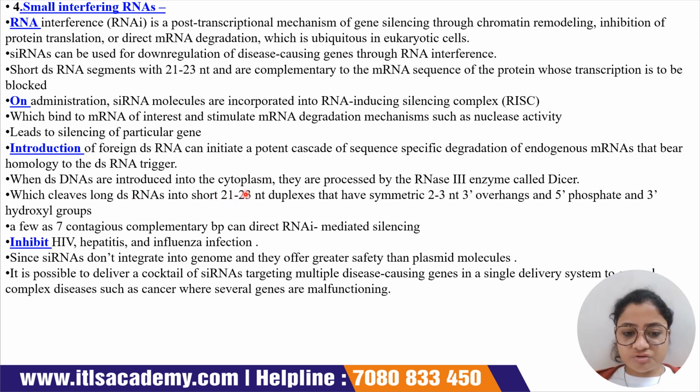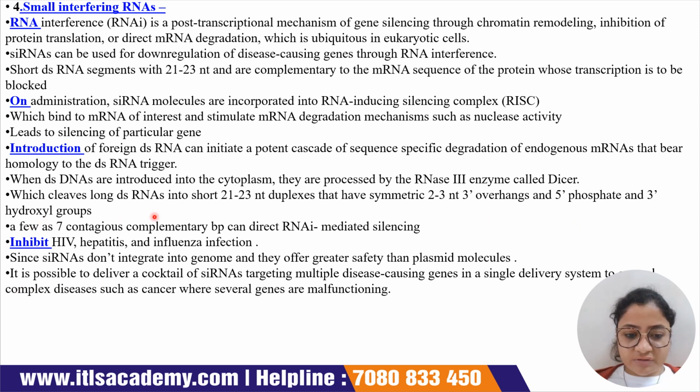Introduction of foreign double-stranded RNA can initiate a potent cascade of sequence-specific degradation of endogenous mRNAs that bear homology to the double-stranded RNA trigger. When double-stranded RNAs are introduced into the cytoplasm, they are processed by the RNase 3 enzyme, which is called dicer.